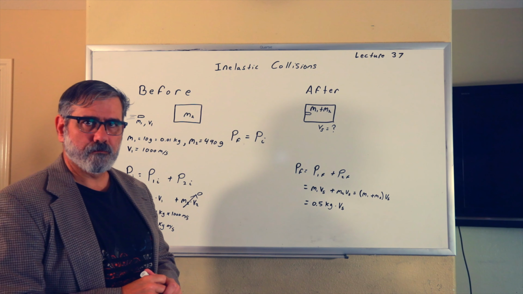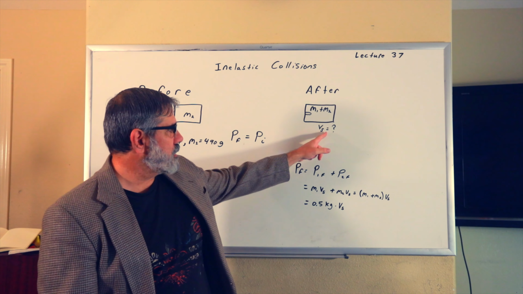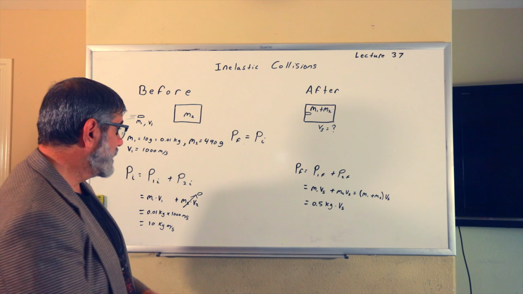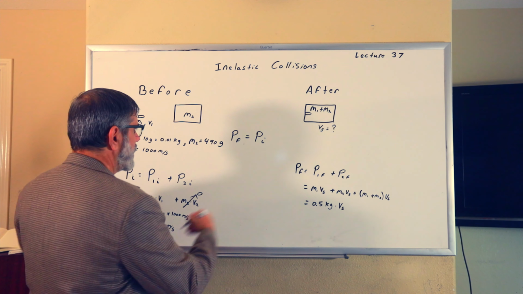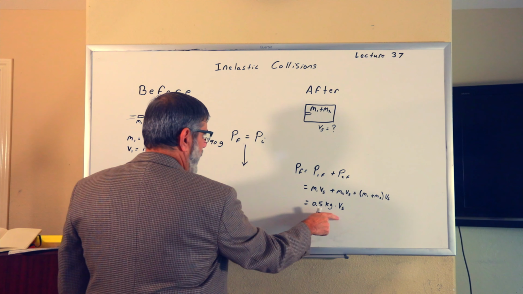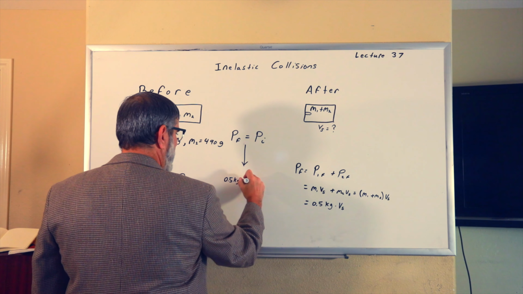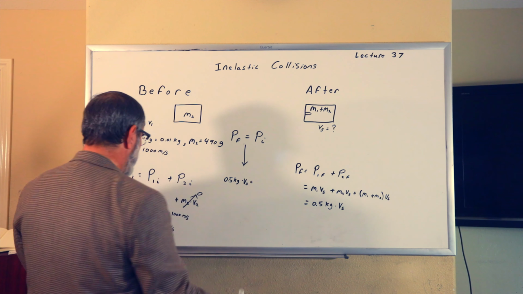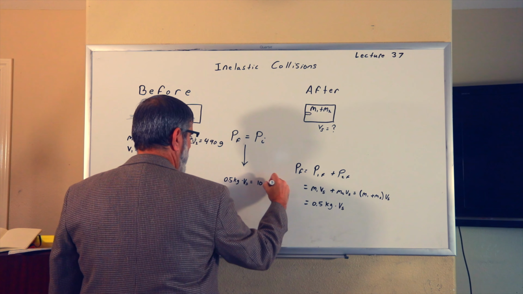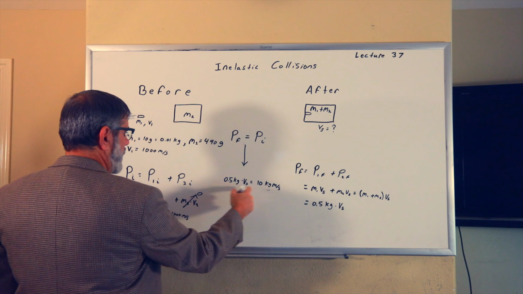We don't know what V sub S is, that's what we want to find out. That's why I put the question mark there. So we're going to solve for that, because that's the unknown that we have. We can solve that using conservation of linear momentum. We set the final momentum, 0.5 kg times V sub S, equal to the initial momentum, which was 10 kilograms meters per second.